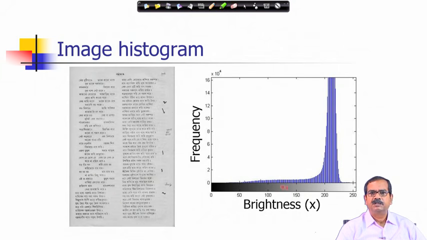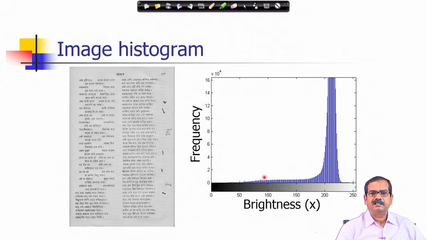Usually in the histogram you should have obtained a bimodal kind of characteristic, but in this case, since you get so many white pixels, it is more skewed, and particularly the distribution in the text zone looks a little flat. We will come to this point, how this could be processed further to make it more bimodal.